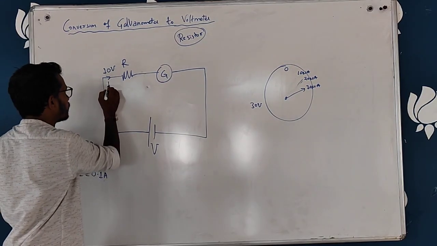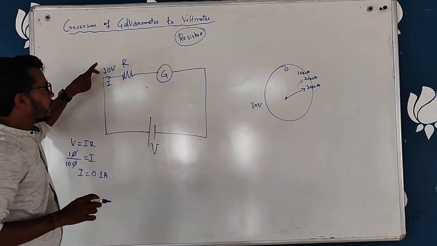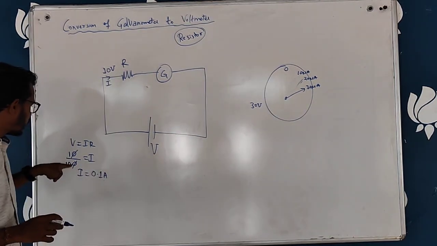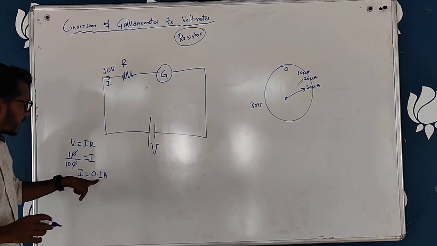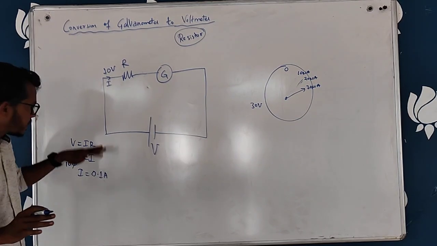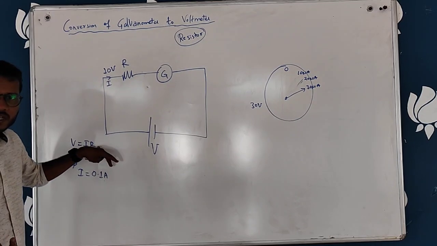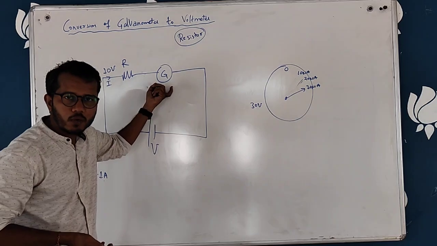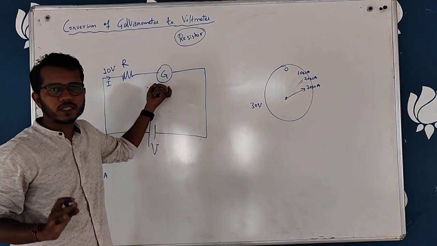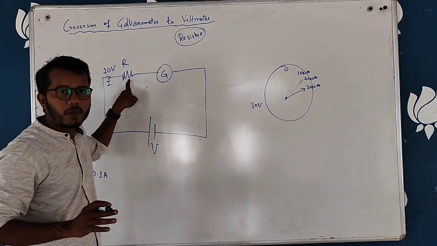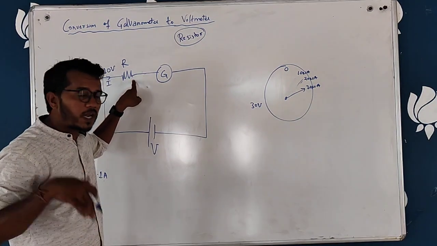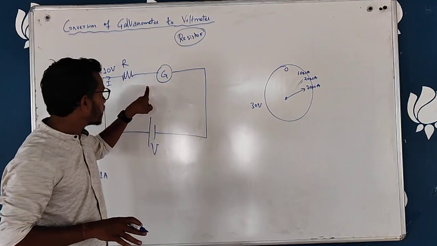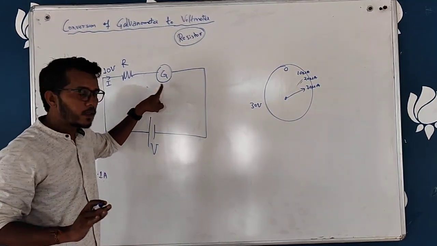So my I value will be the same. For 10 volt, if I use a resistor value of 100 ohm, then the current is 0.1 ampere. Similarly, if I use a higher resistance value, only a small amount of current will pass. So my concept and my logic is correct, that is, the resistor has to be connected in series to the galvanometer.